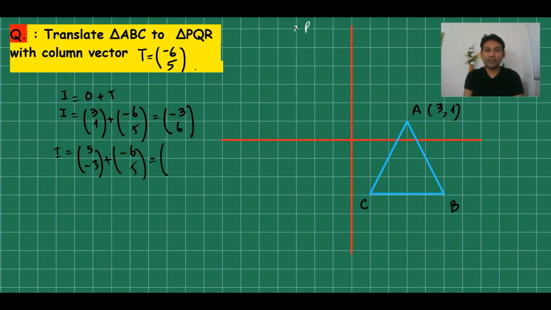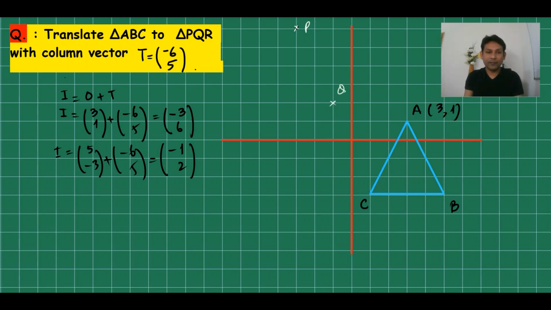When I do this translation, minus 6 gives minus 1, and 5 gives 2. So minus 1 and 2 is the image, and the image is also a position vector from here. Minus 1 and 2 up. This is the coordinate for Q.